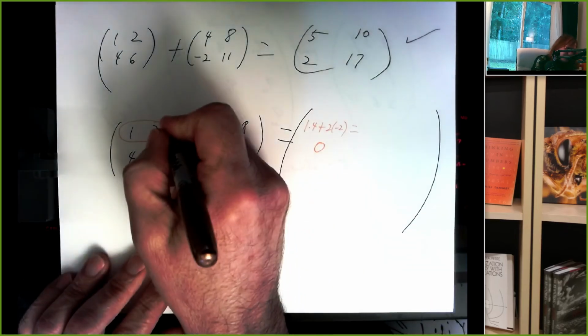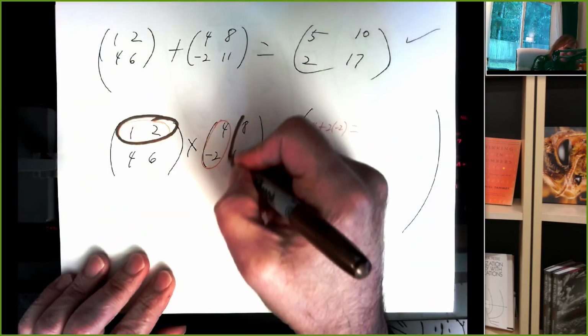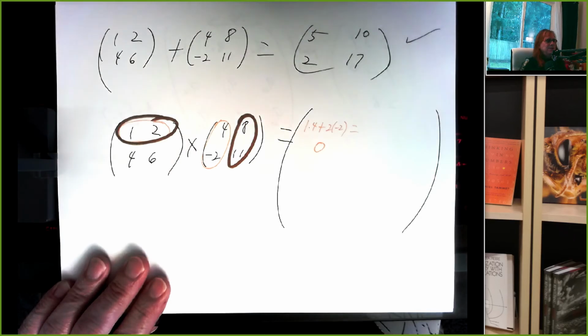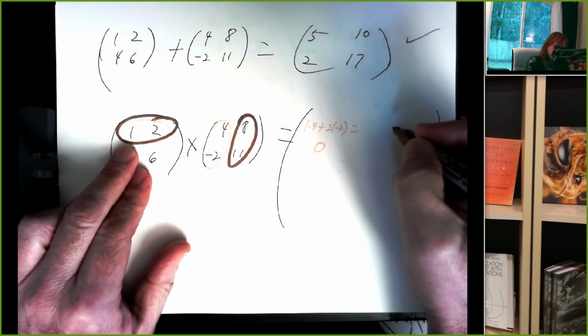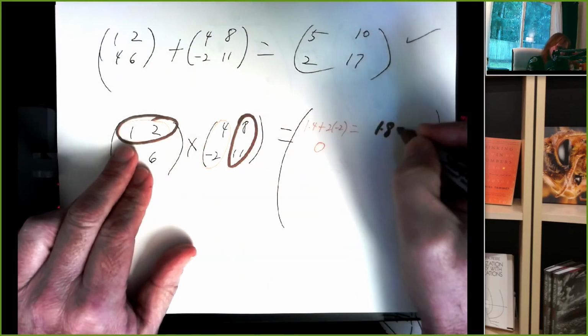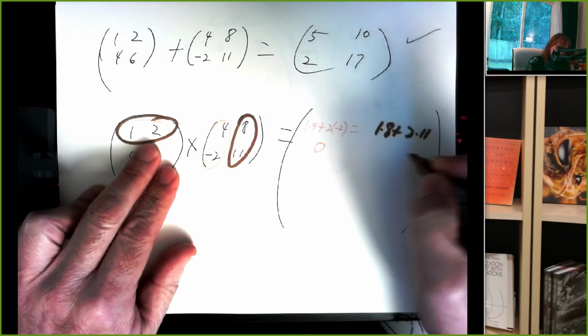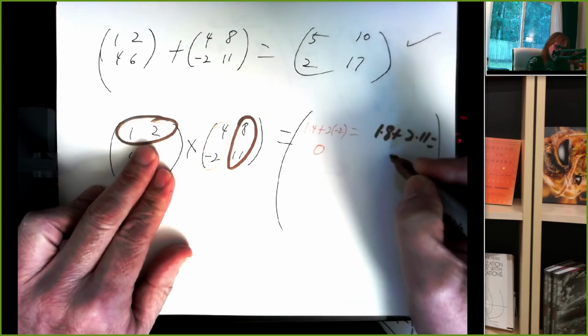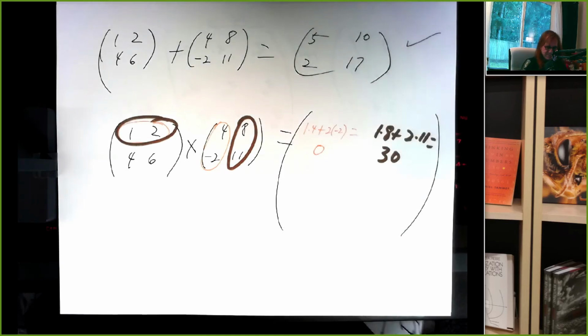Alright, the upper right corner, we're going to take the first row and the second column and multiply those. And we're going to get 1 times 8 plus 2 times 11, which is 22, and 8, that's going to turn out to be 30.